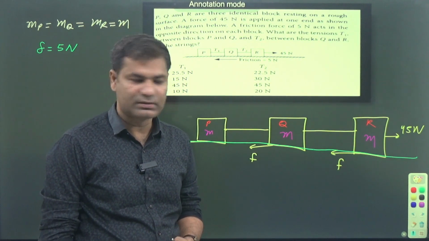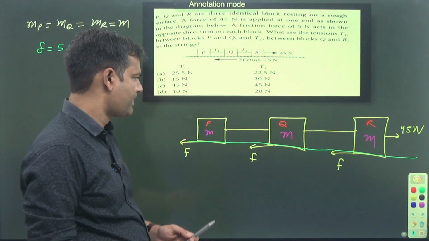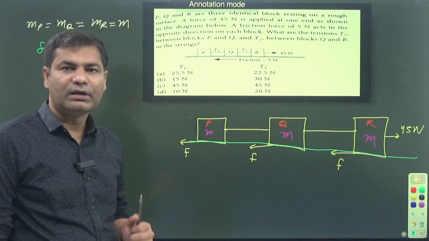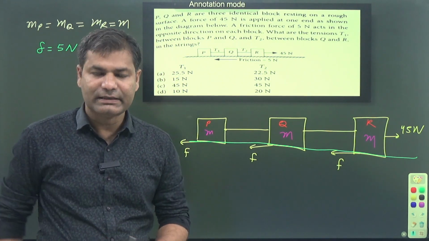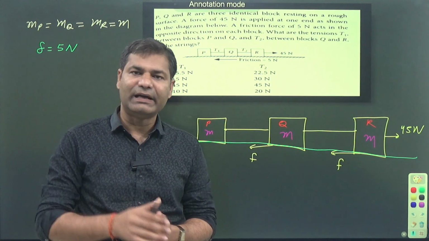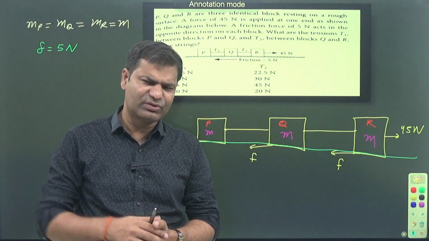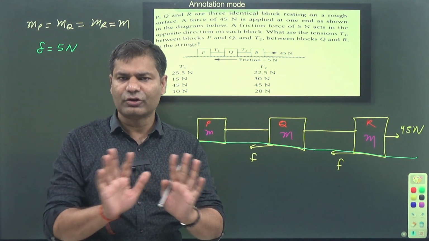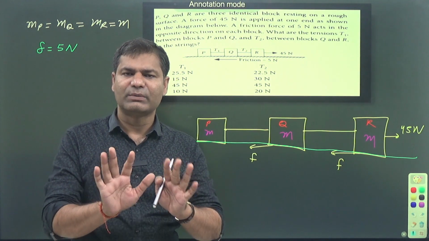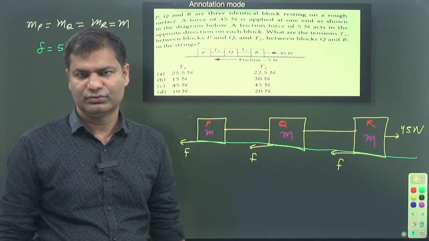How can we determine? First of all, check whether the blocks are moving or not. Let the initial condition be T equal to 0, the whole system not moving, meaning acceleration A is 0.